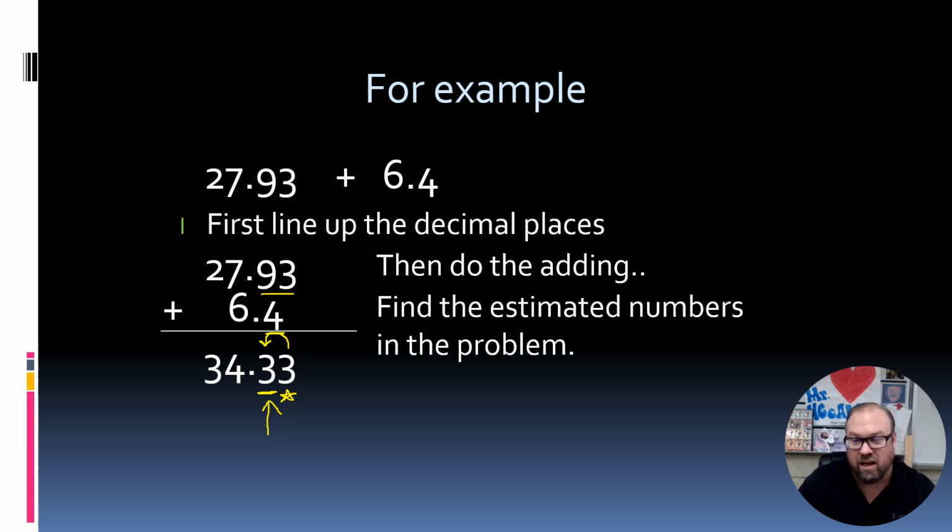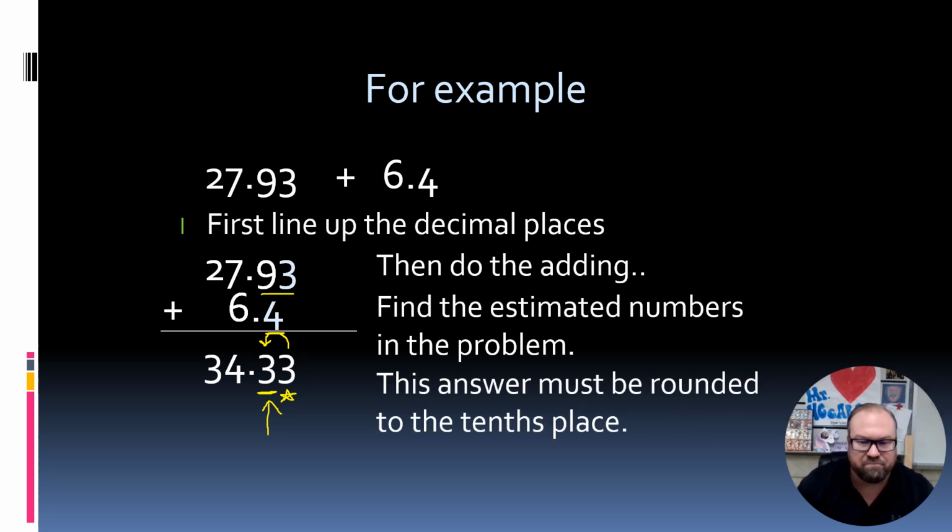Or if we look at whole numbers without decimals, like if you have 9,111 versus 9,100, one of those has sig figs up to the ones position, the other has sig figs up to the hundreds. And so your final number would have to round to the hundreds for sig figs. And I'll show you that on a later example. But anyways, when we round this, the answer must be rounded to the tenths place because it's the least significant. And so our final answer would be 34.3. And that's how it works.